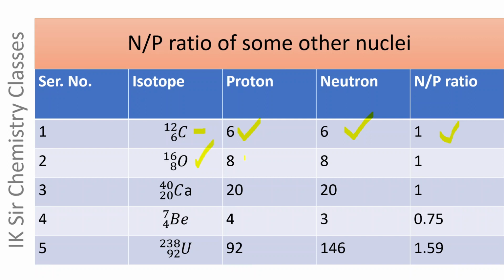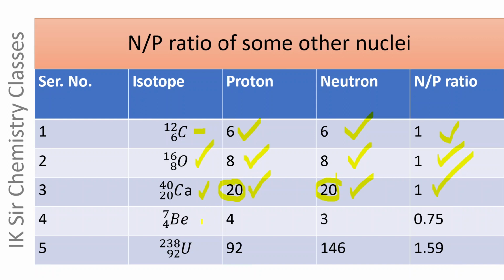O16 contains 8 protons and 8 neutrons, and accordingly, its N by P ratio will be 8 by 8, that is 1. Ca40 contains 20 protons and 20 neutrons in the nucleus, and hence its N by P ratio will be 20 divided by 20, and it is also equal to 1.